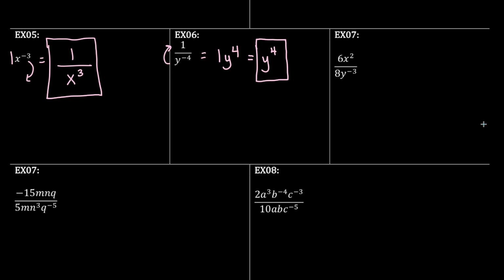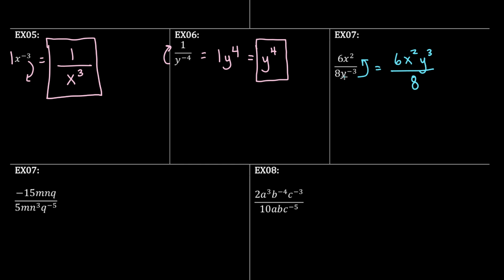Okay, let's try this. So I like to rewrite this. This y to the negative third should go up there. So I'm going to write 6x squared over that y, since it moved up. I forgot to write it. That y moves up, so it's y positive, the positive third power. And then I end up with 8.